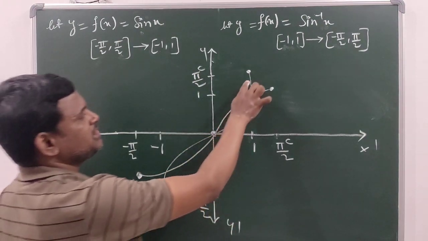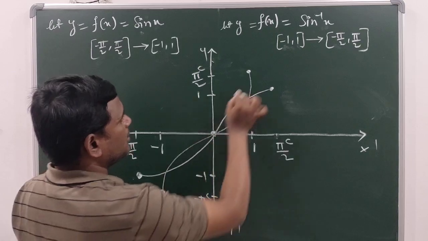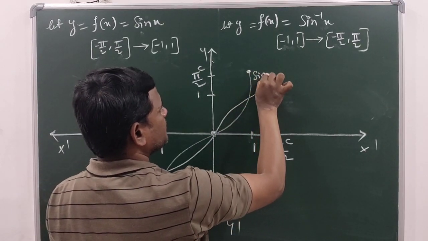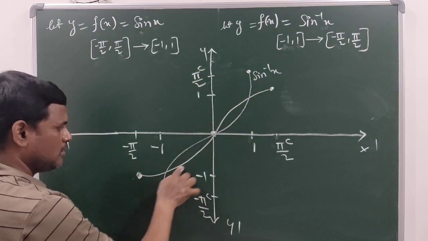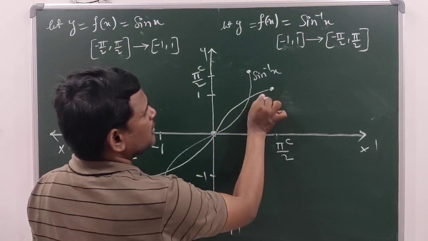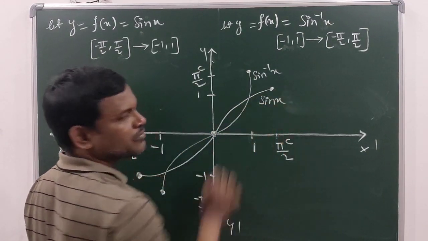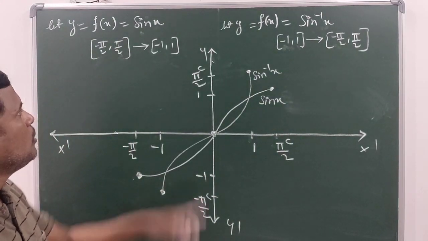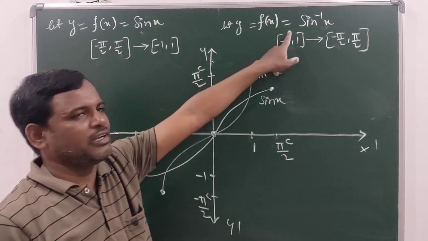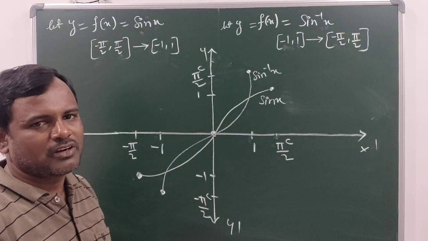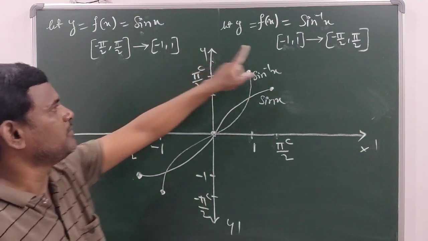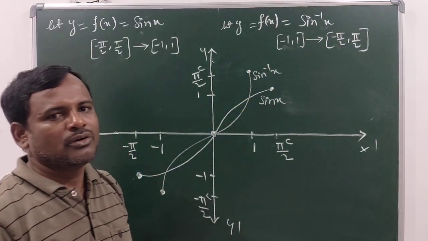Okay? What is this? Graph of sin inverse of x. What is this? Graph of sin x. Okay? So the basic function and its inverse function, both I have drawn on the same graph in their principal domain. Okay?